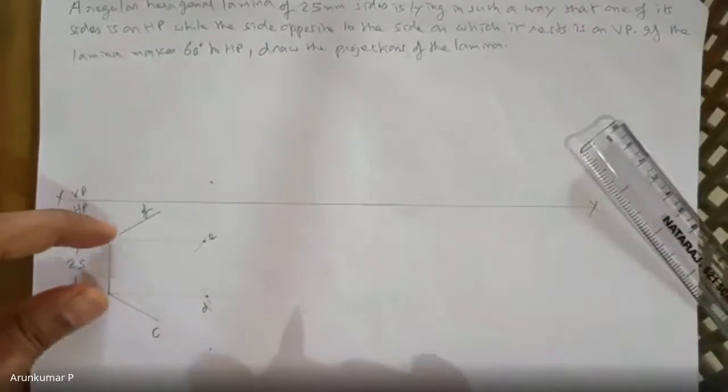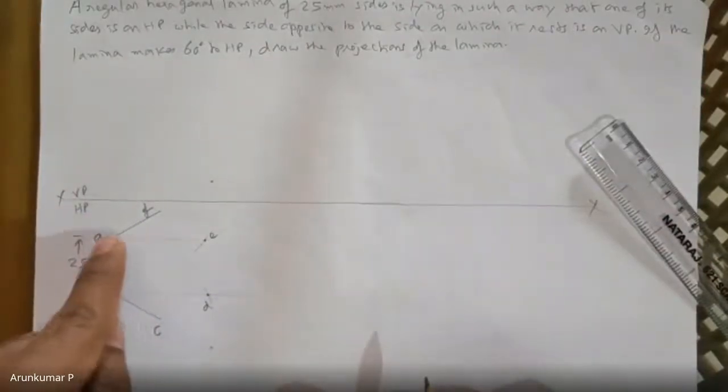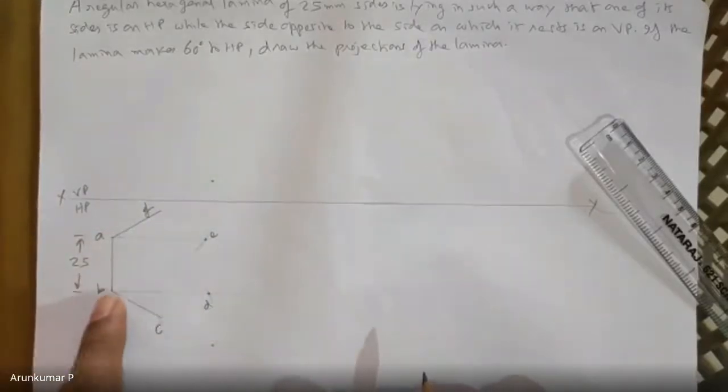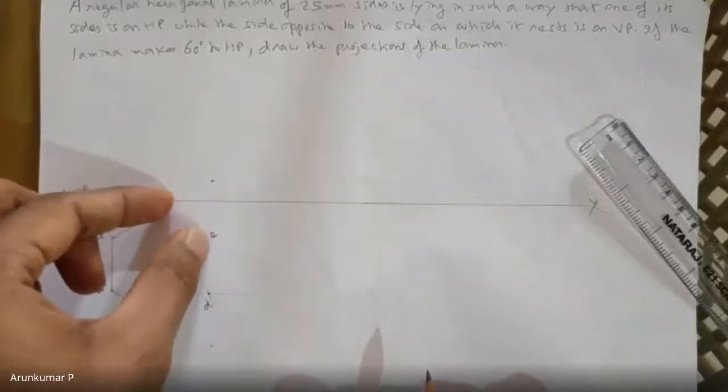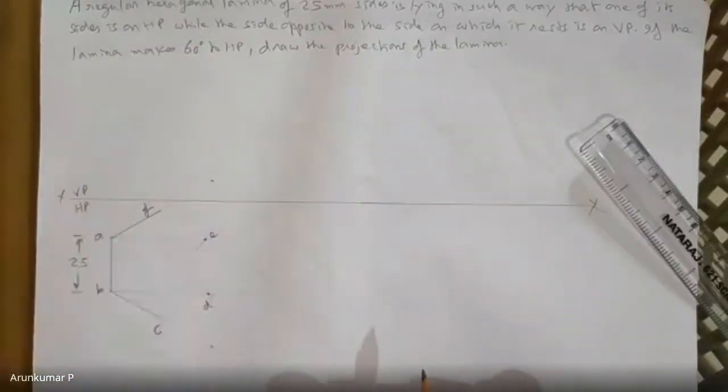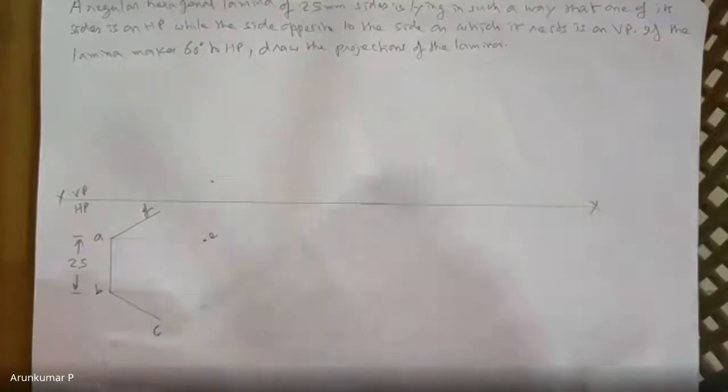First you draw a perfectly horizontal line parallel to XY line at E, at A and at B. Then measure 25 mm with F as center, cut here, with C as center, cut here. Done. Join them, you'll get your hexagon.